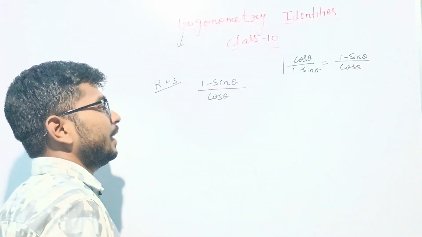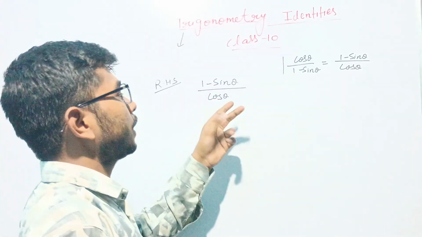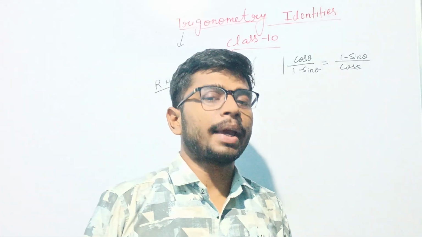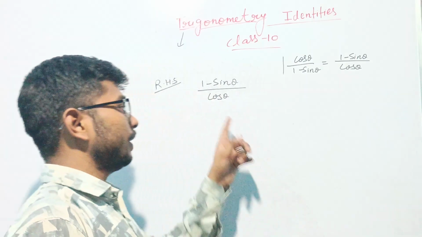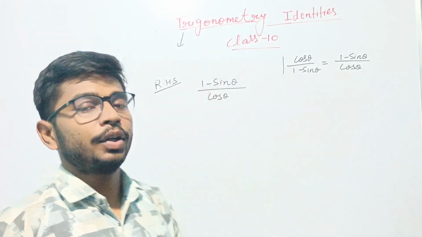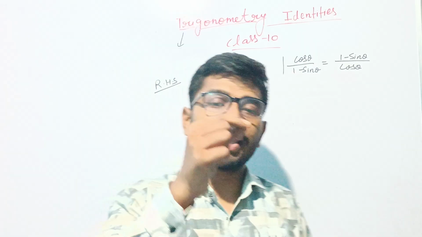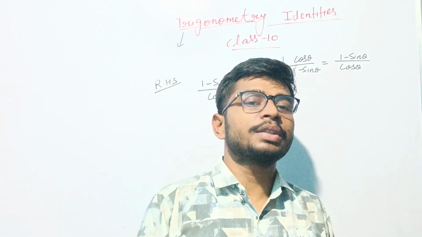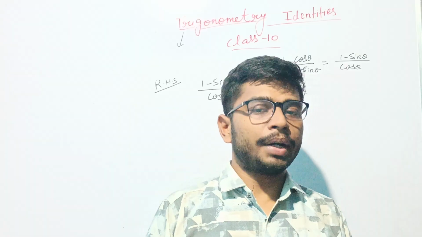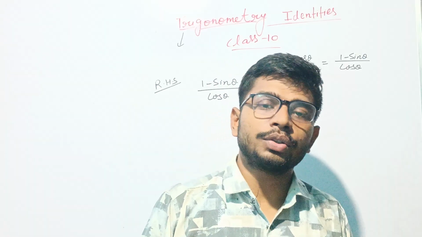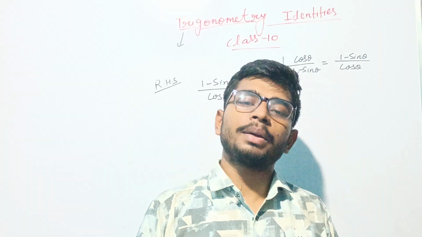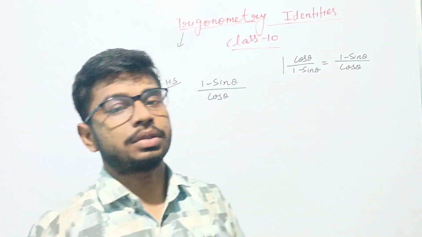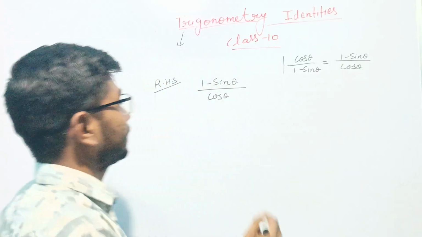Generally in this type of question, if there are two terms in the denominator, we solve by multiplying by the conjugate, but here there is only a single term. So we can see our numerator is 1 minus sin theta. To process this question we have to multiply its conjugate. So the conjugate of 1 minus sin theta will be 1 plus sin theta, same but the sign will change.